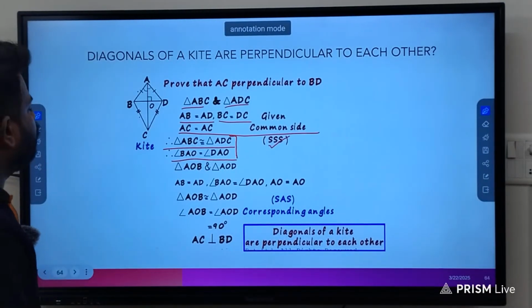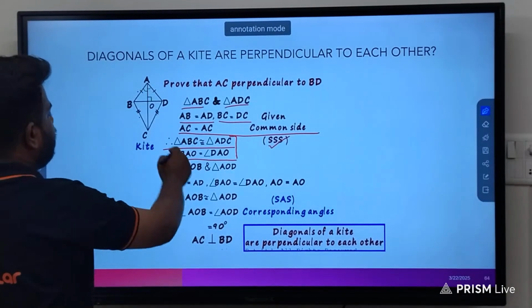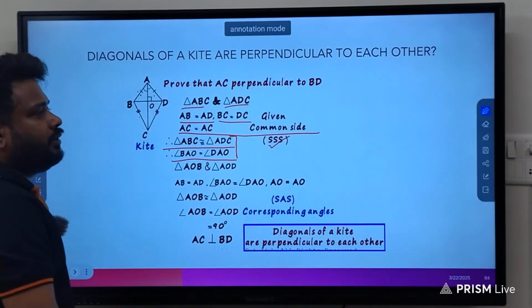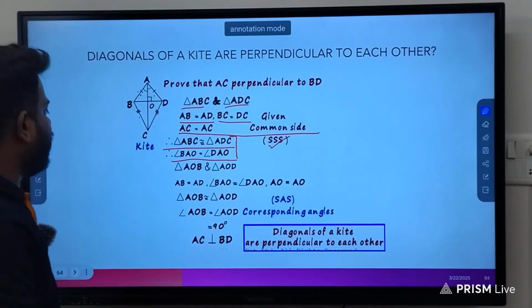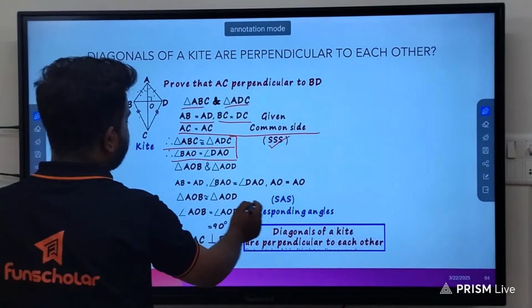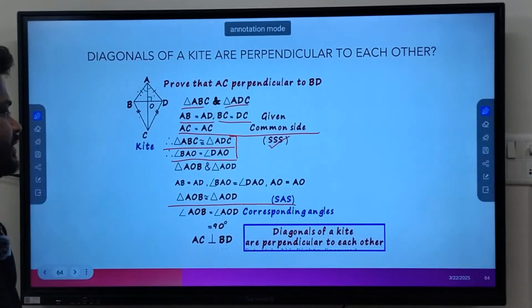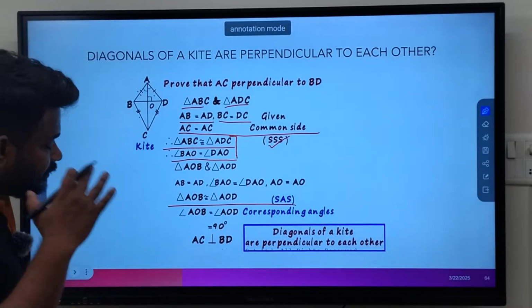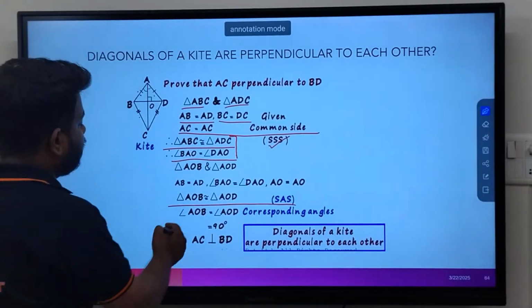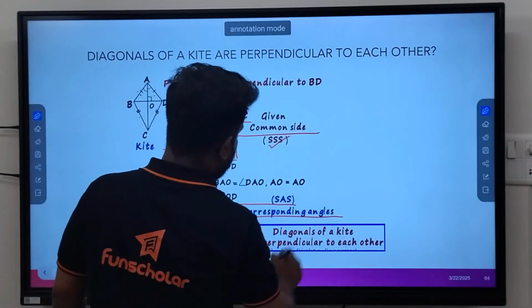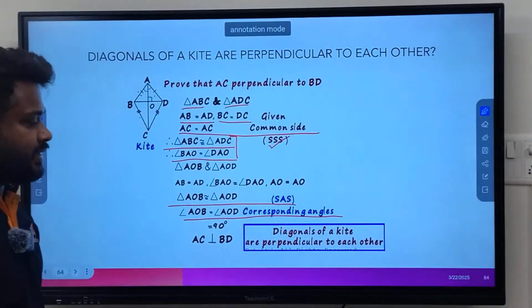And again we have to prove this for these two smaller triangles. For these two smaller triangles we have to show the SAS rule of congruency. From that congruency we get that these are corresponding angles.